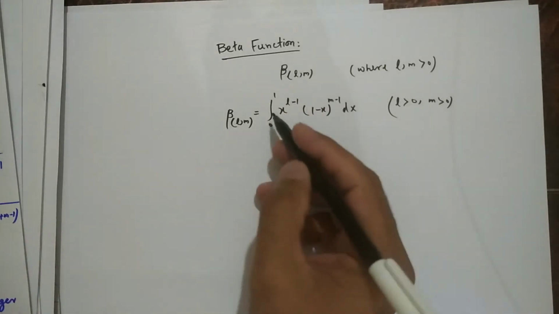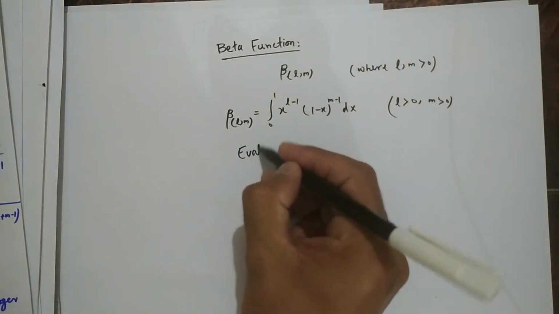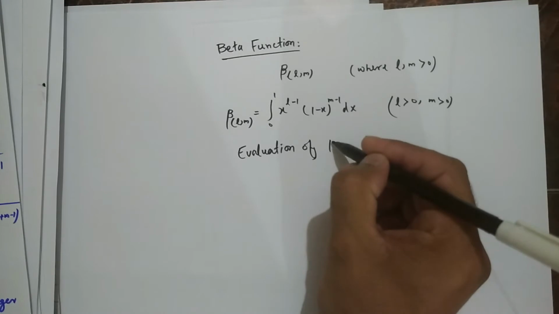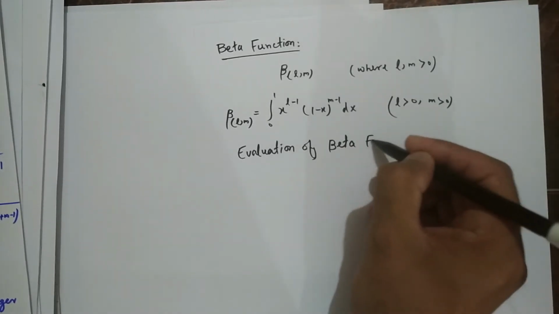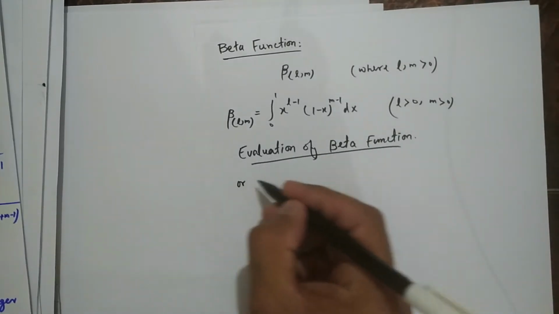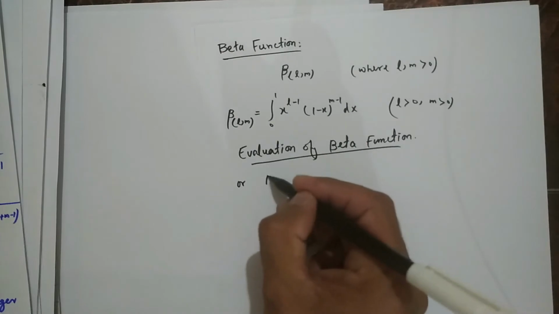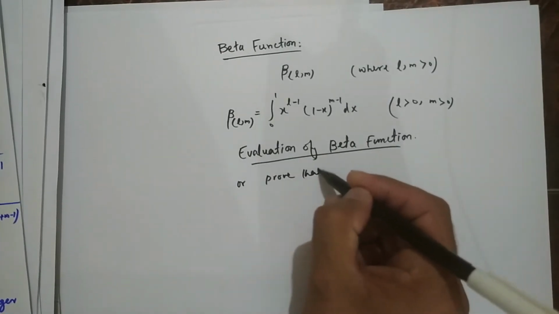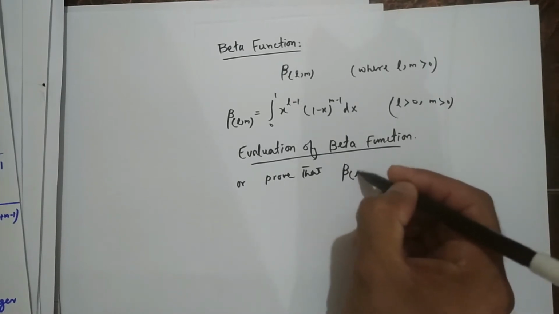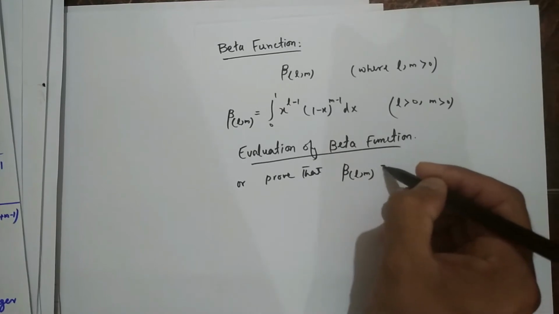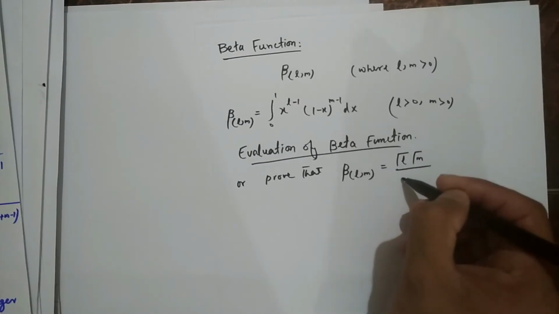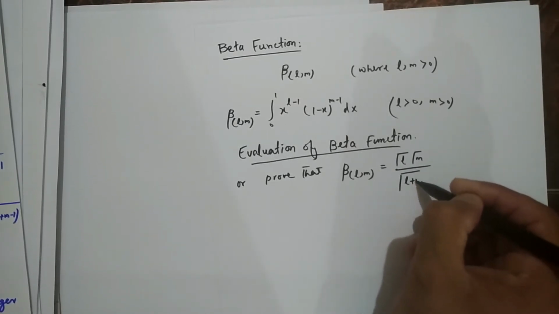So now, evaluation of beta function, or we can write it as: prove that beta(L, M) can be written as gamma L gamma M upon gamma L plus M.